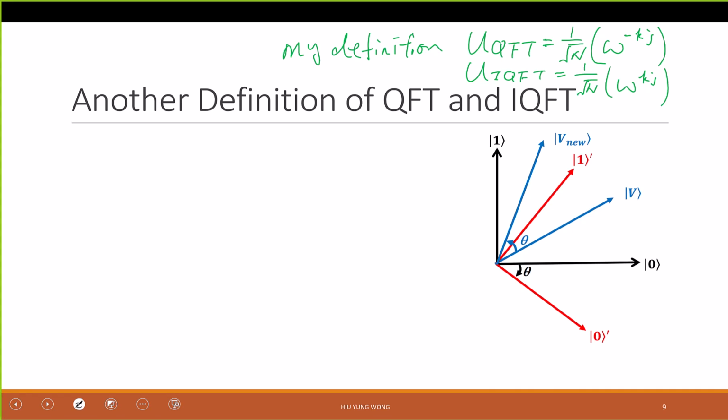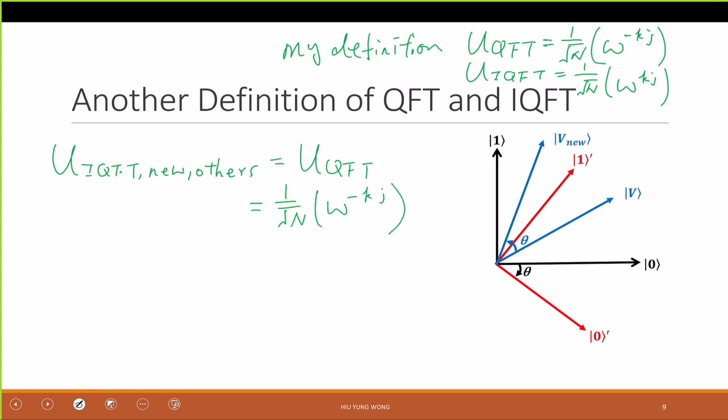So that makes sense. I define this matrix as the quantum Fourier transform. But there are other definitions, which I'll call nu or others. The inverse quantum Fourier transform in that definition is very common, maybe even more common than mine. Unfortunately, it is the same as our quantum Fourier transform, which means it has this form: omega to the power negative kj.